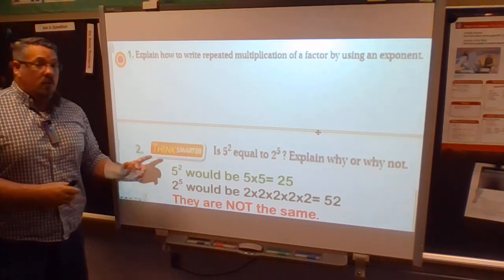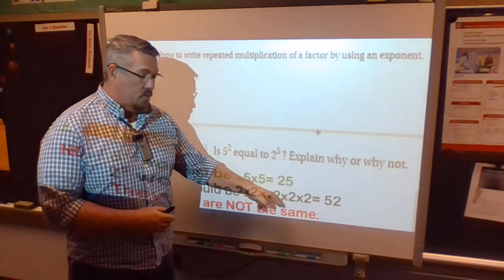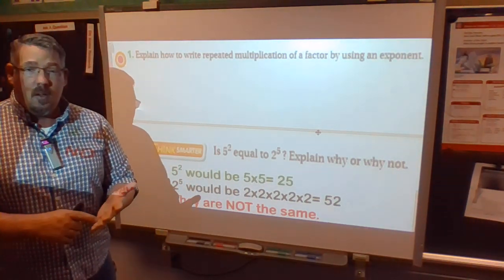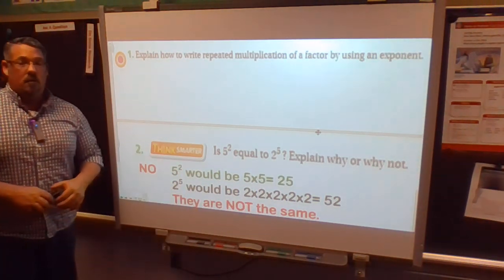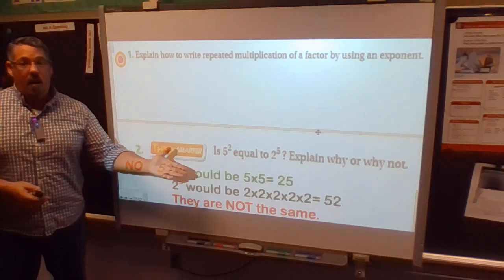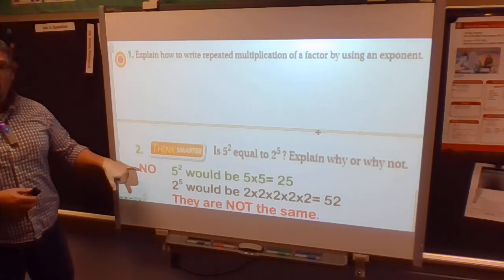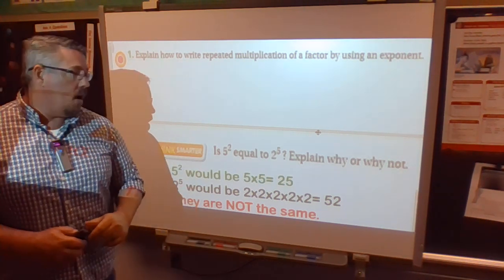If I take 2 to the 5th power, that would be 2 times 2 times 2 times 2 times 2, and when I type that into my calculator, I get 32. Those are not the same. That's how I know. I did the math, and I used the math in my explanation, so I get my 2 points, because I have to have a no first, and then a complete explanation as to why it's not the same.